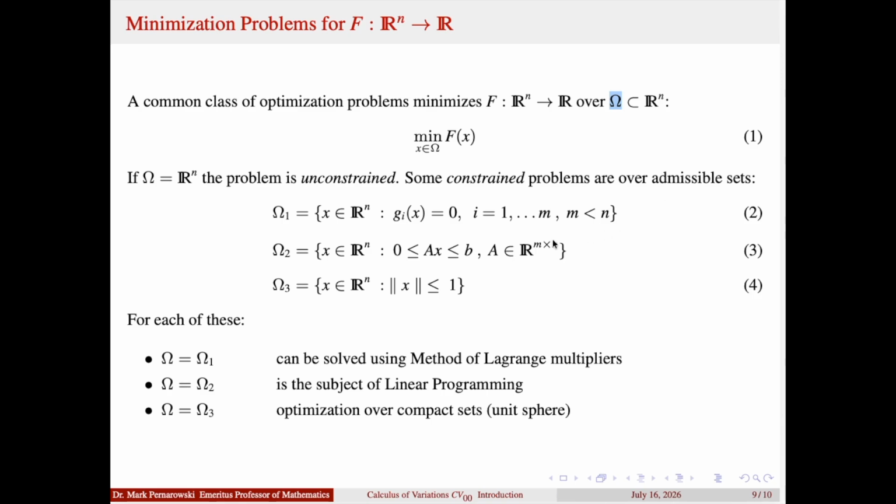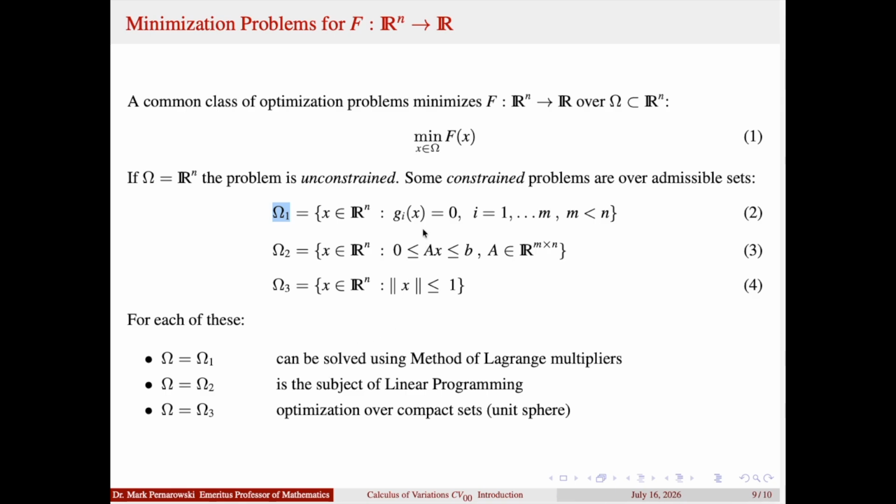A few examples of sets that are defined using constraints: omega 1, which is all of those x values that satisfy a collection of algebraic equalities. There could be one, there could be many equalities. But whatever they are, that's a type of constraint.